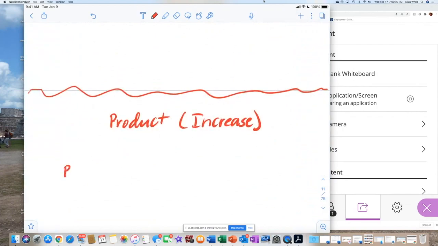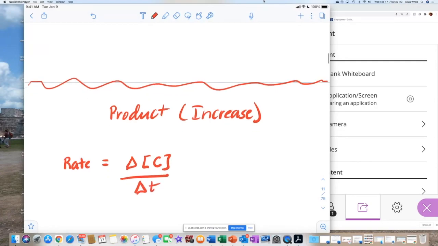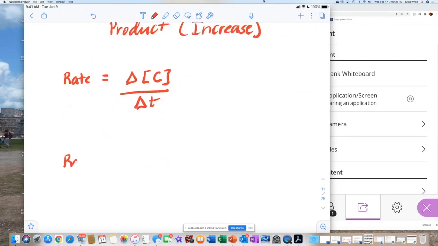Rate equals change in concentration of the product. The first one was C, change in C over change in T. Second product, rate equals change in concentration of D over change in T.